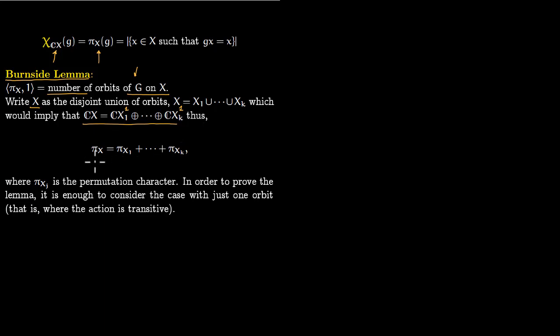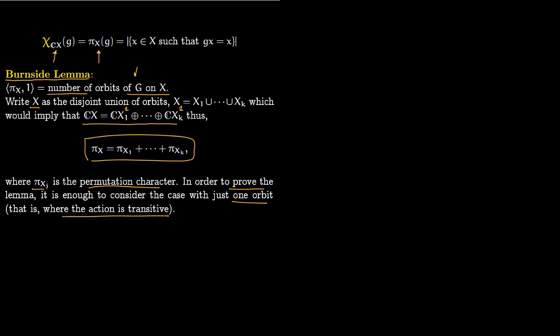So until now you split it like this, and each of these is a permutation character. x1 corresponds to this, xk corresponds to this. In order to prove the theorem, we just have to prove it for one of them, just for the transitive action, for one orbit where the action is transitive.